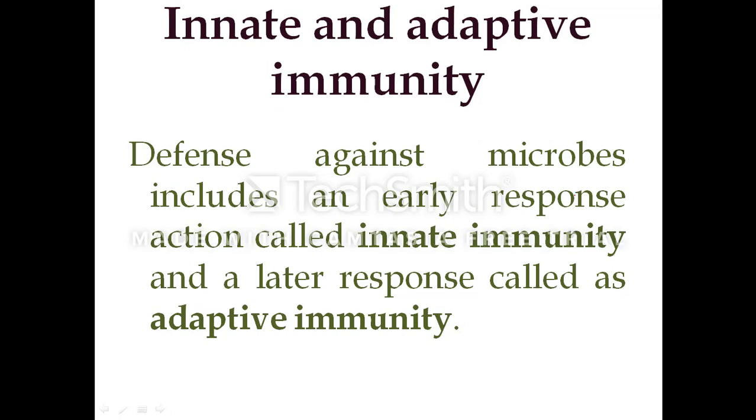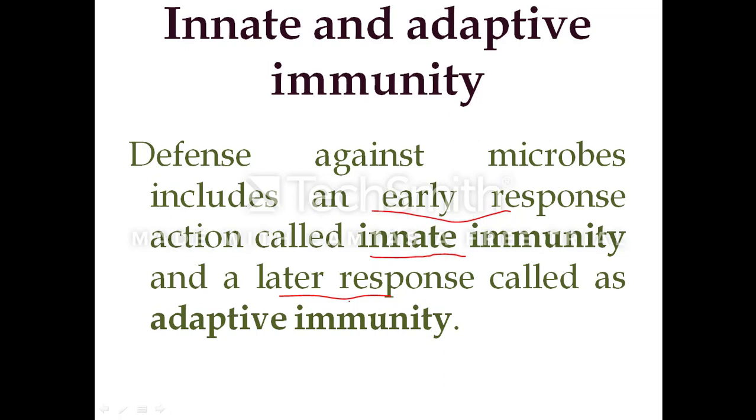Defense against microbes includes an early response action called innate immunity and a later response called adaptive immunity. So, innate immunity is the early response. It is the immunity with which the organism is born.